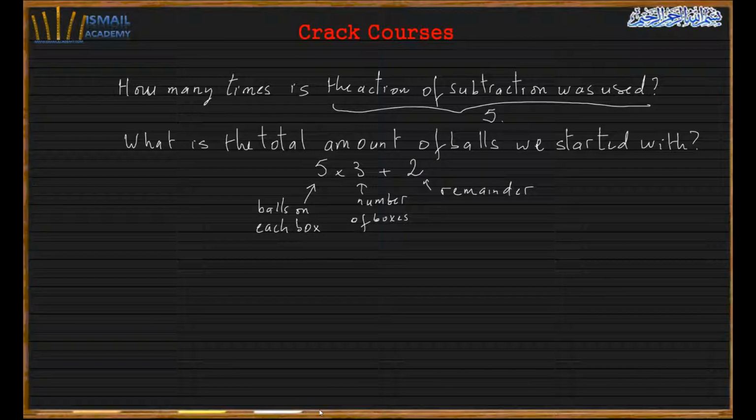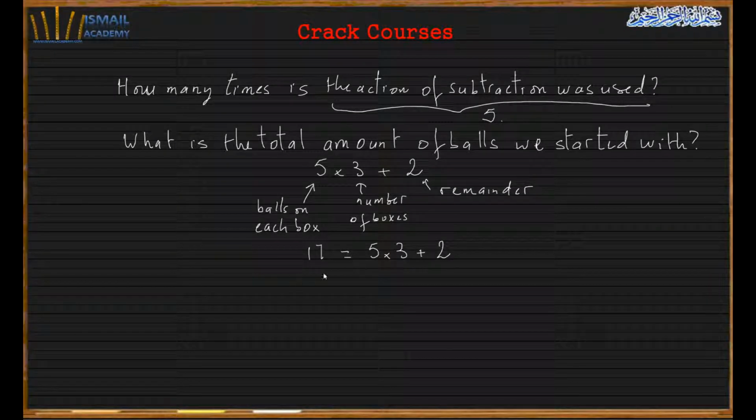If I do the operation, this means that I will have 17 balls at the beginning, because 5 times 3 is 15, 15 plus 2 is 17. So we start with 17 balls.